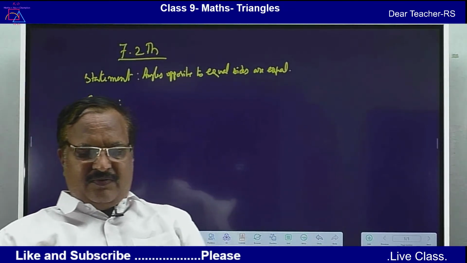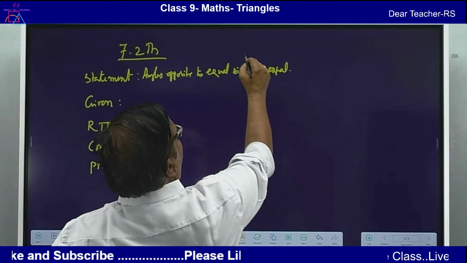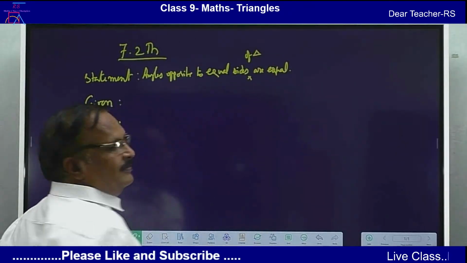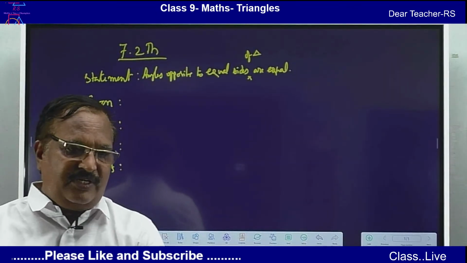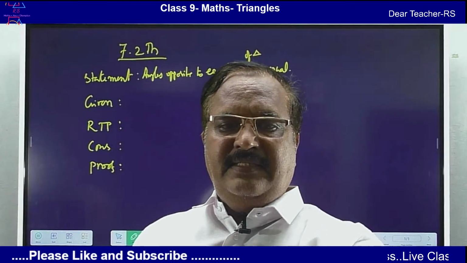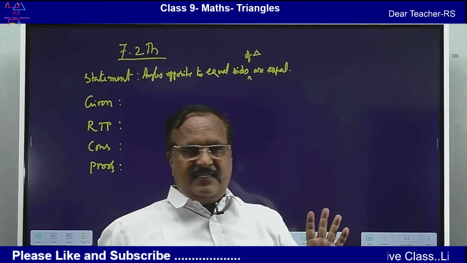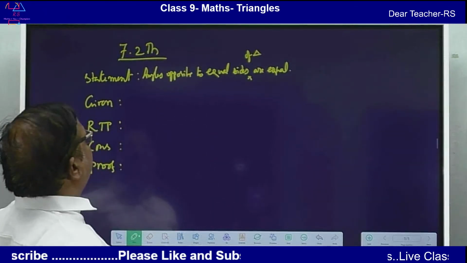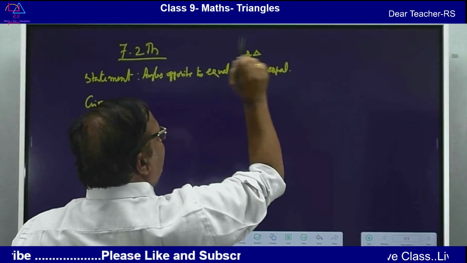Angles opposite to equal sides of a triangle. Okay, of a triangle. He has added isosceles triangle. I did not add that. I have just written the same statement. Angles opposite to equal sides in a triangle are equal.